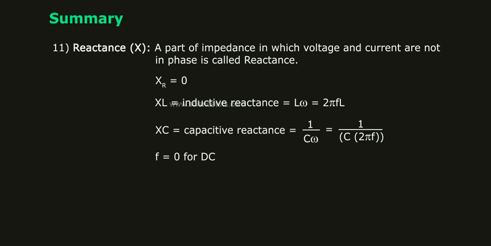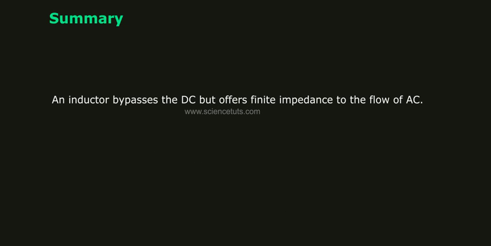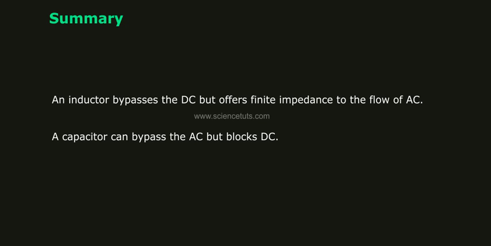For DC, f equals 0; for AC, f tends to infinity. For f equals 0, XC is infinity and XL is 0. For f equals infinity, XC is 0 and XL is infinity. An inductor bypasses the DC but offers finite impedance to the flow of AC. A capacitor can bypass the AC but blocks DC.